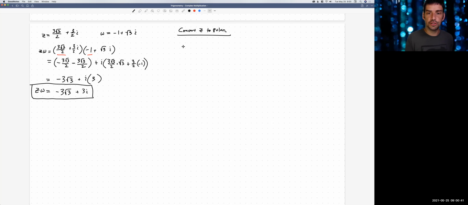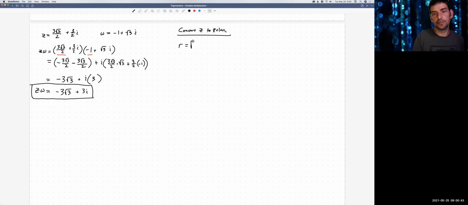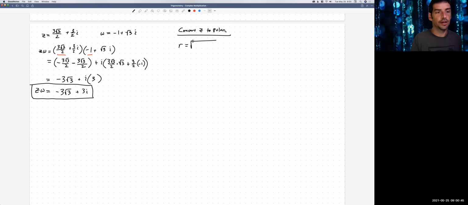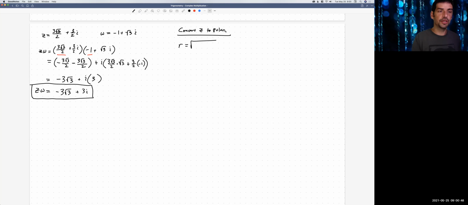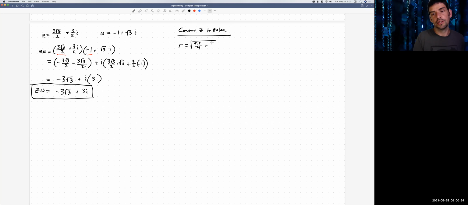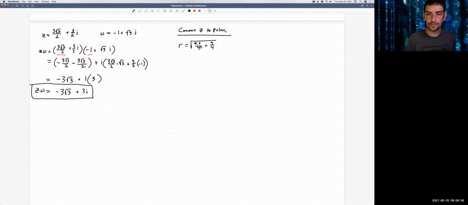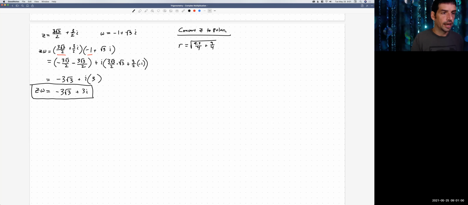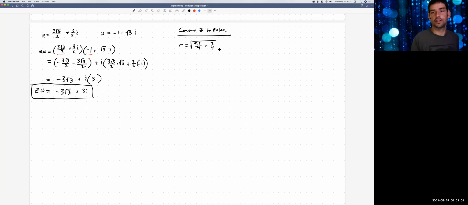All right, first we'll need, let's find r, which is going to be the square root of the real part squared plus the imaginary part squared. So 3 root 3 over 2 squared is going to be 9 times 3 over 4, plus 9 over 4. Okay.